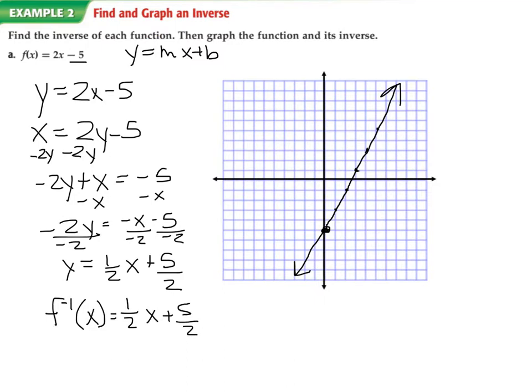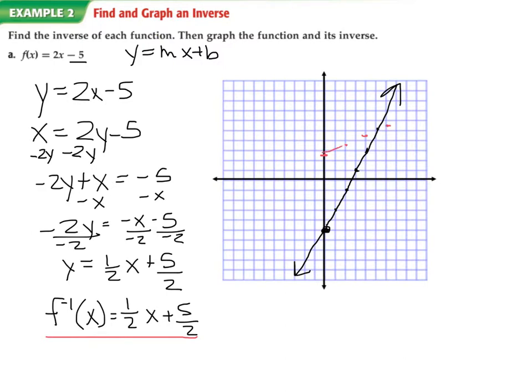Now I need to graph that, and I'm going to graph this line in red so that we can see the difference. First I need to find that y-intercept. 5 over 2 is equal to 2.5, so I'm going to go up on my y-intercept and graph that point. Then I need to move up 1 over 2, up 1 over 2, up 1 over 2, and so on.